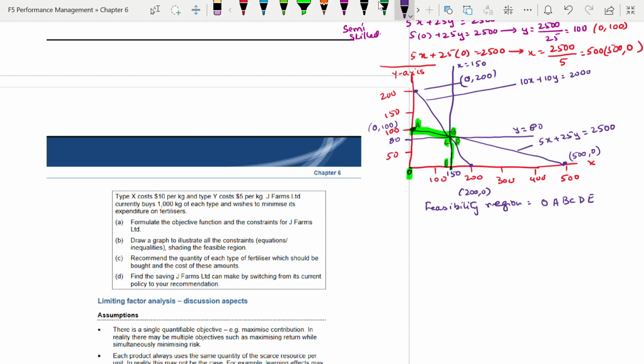Means we should not ignore, within 2,000 hours of skilled labor and 2,500 of semi-skilled. We have to satisfy all combinations.